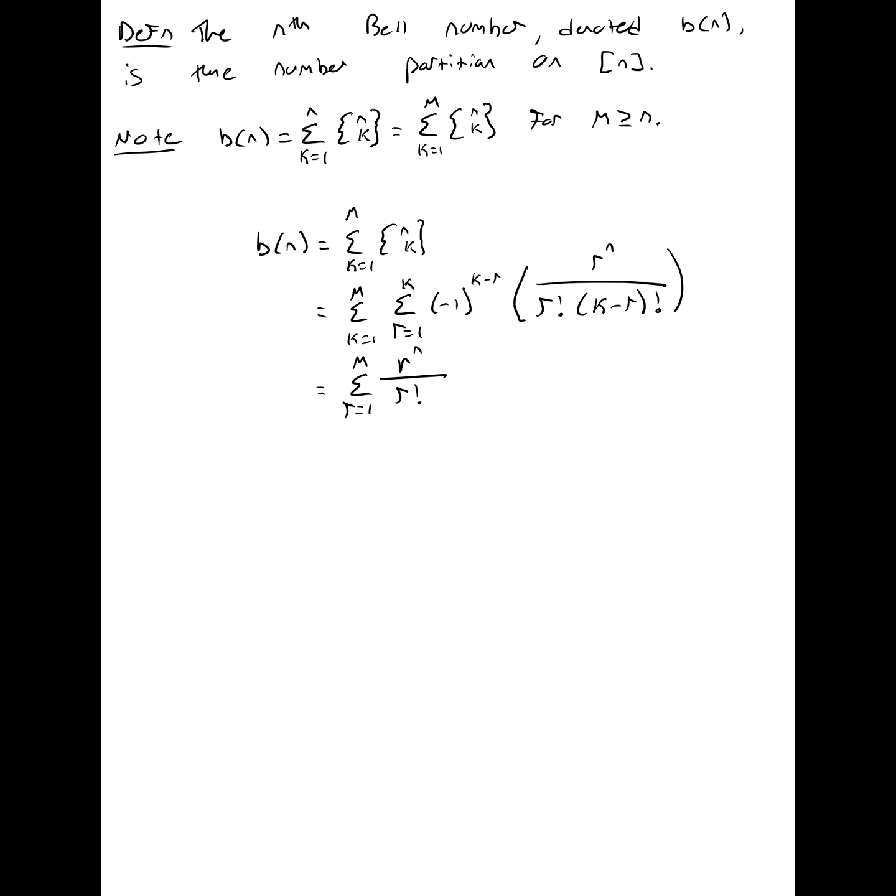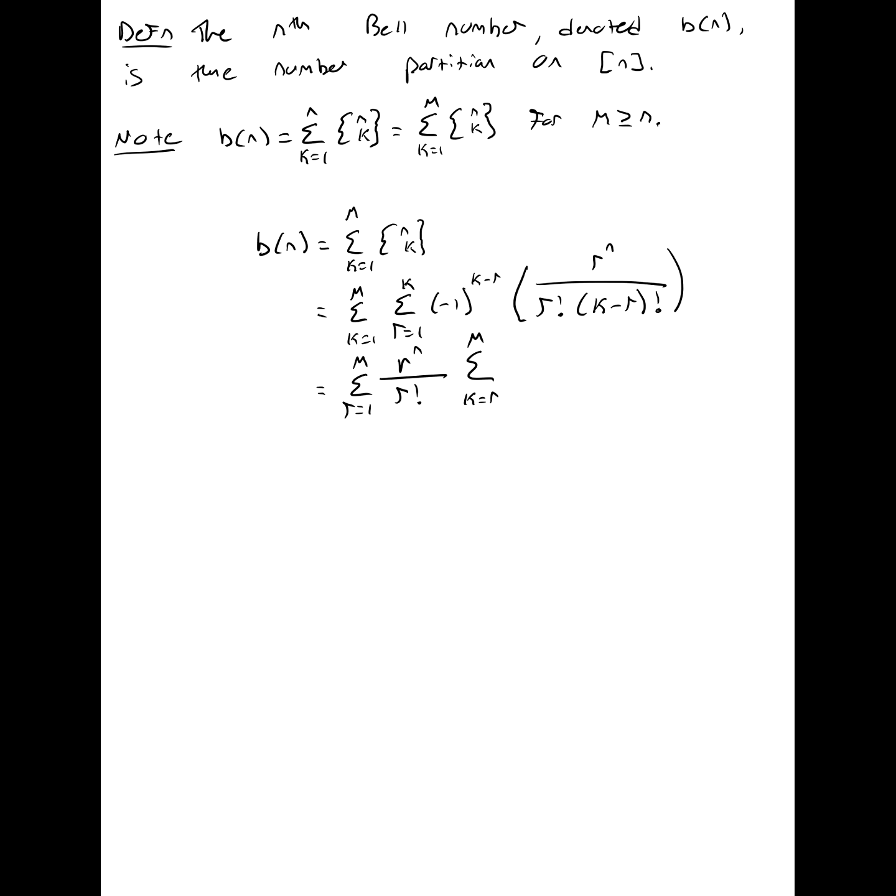If I were to group all of the elements r together and factor them out, they would be constant in this sum here. So I can actually factor that out. What would be left would be the values from k equals r up to m.